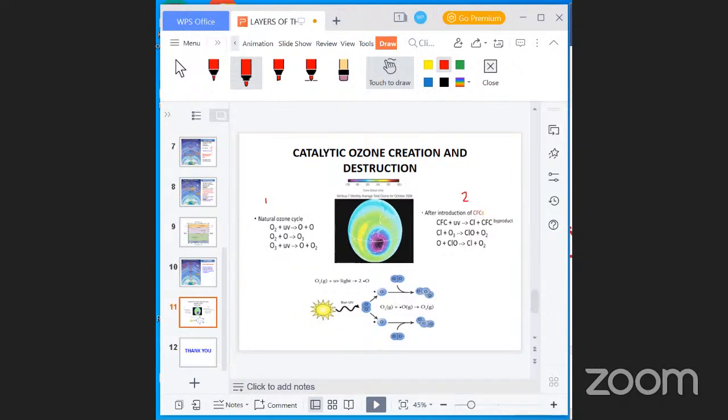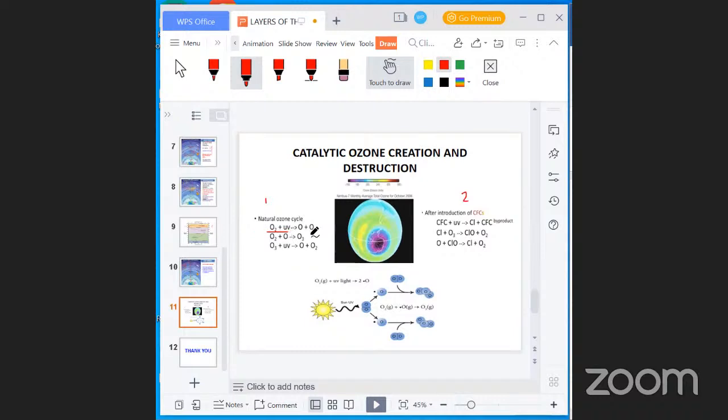When we say the natural ozone cycle, what happens is this: O2, which is oxygen, reacts with ultraviolet light, that is ultraviolet radiation.